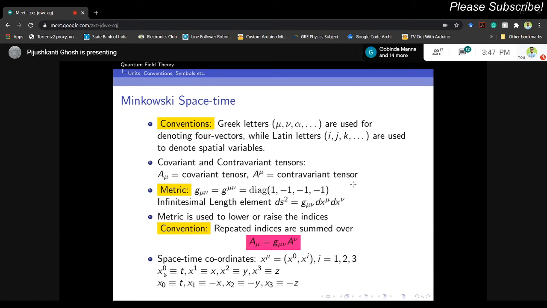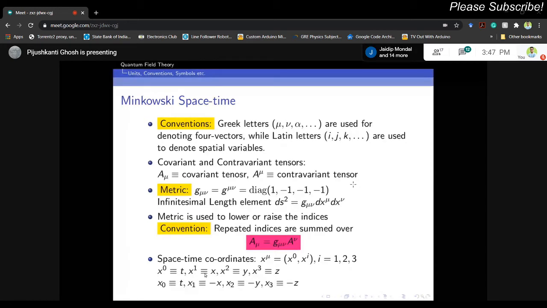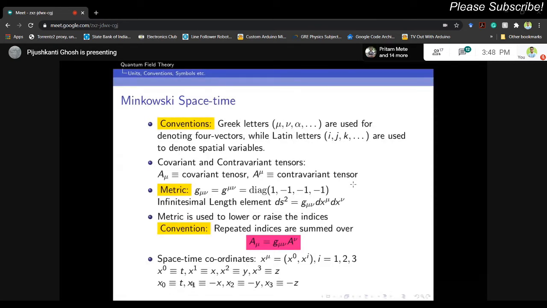So here is the relation: x^0 is time t, x^1 is equal to x, x^2 is equal to y, x^3 is equal to z. Now, what is x_0? The covariant component. What is x_1? You see that x_1 is minus x, x_2 is equal to minus y, x_3 is equal to minus z.